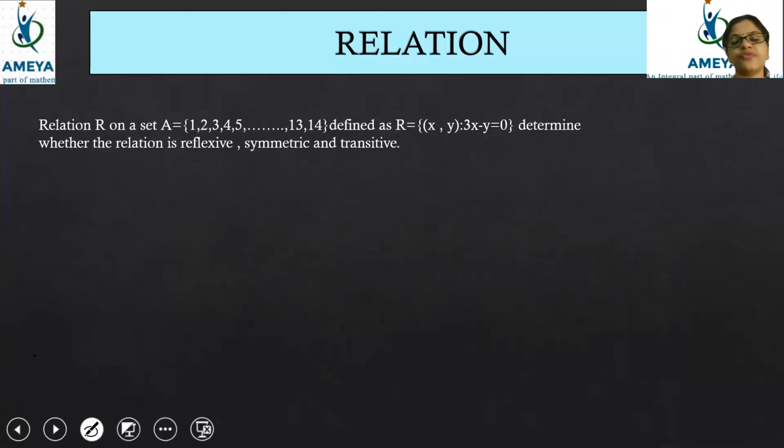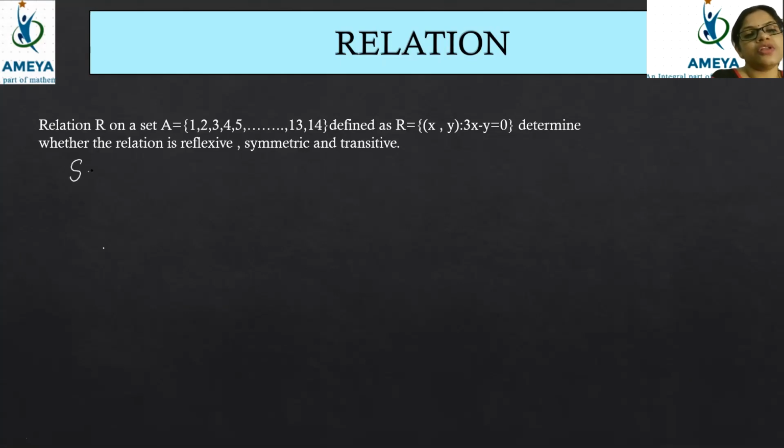So first, how to attempt this question. Listen, in the solution section, first you explain about A. A is a set and its Cartesian product will contain those elements which will be present inside the relation.